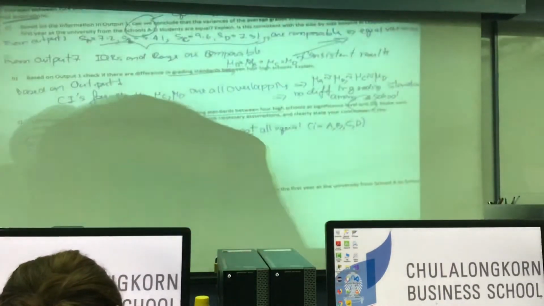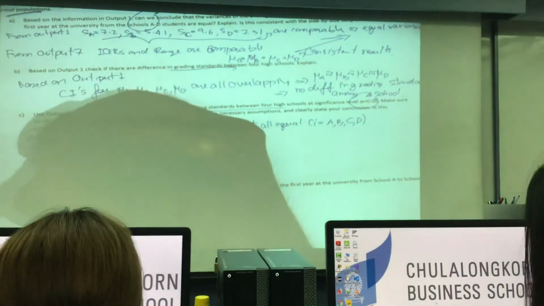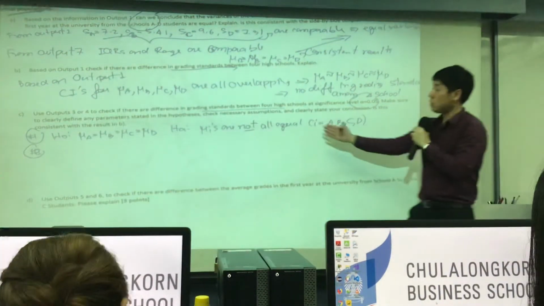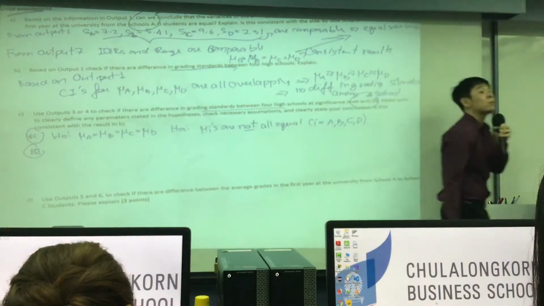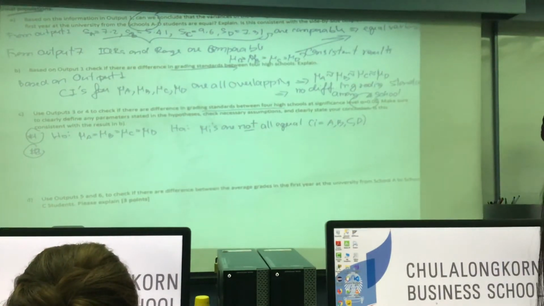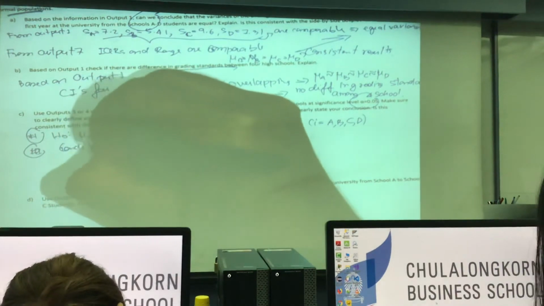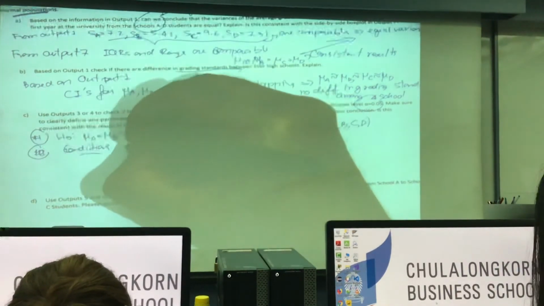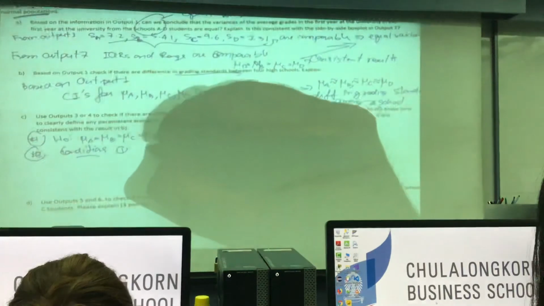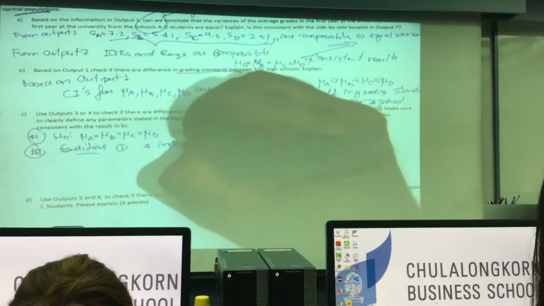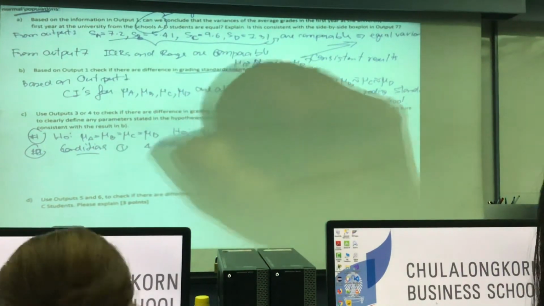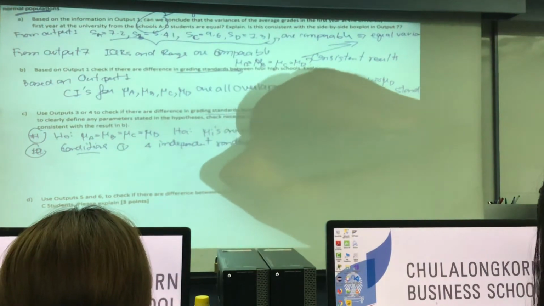Step 2 is to check the conditions. How many conditions do we need? 2. The first condition is independent random samples.